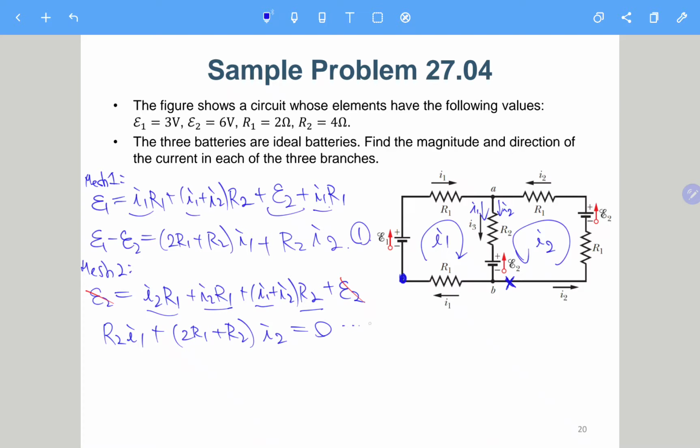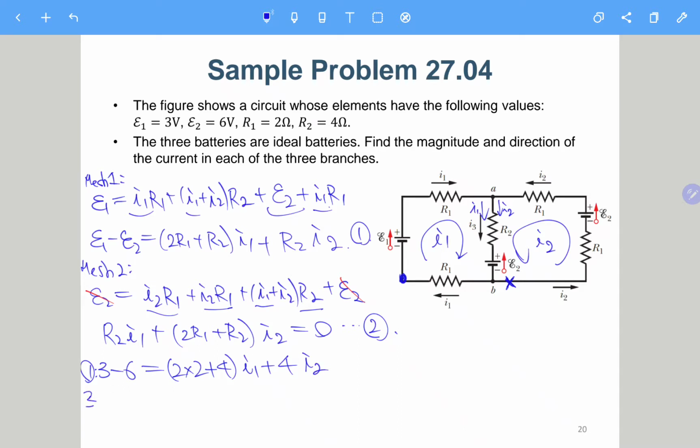So we can call this one equation 2, and actually we can just plug in all the values. For equation 1, E1 is 3, E2 is 6, so we have 3 minus 6 equals 2 times R1, which is 2 times 2, plus 4 I1 plus 4 I2.